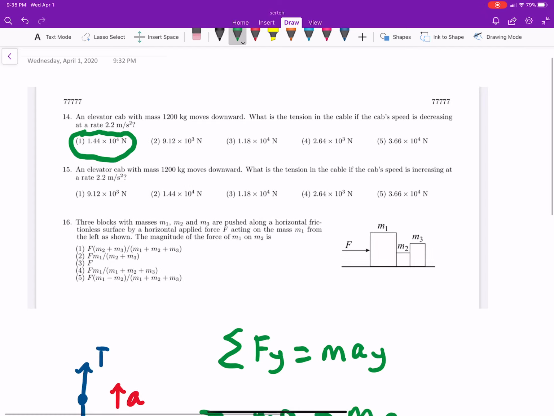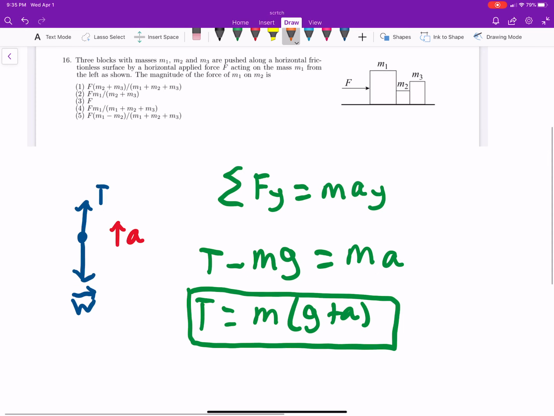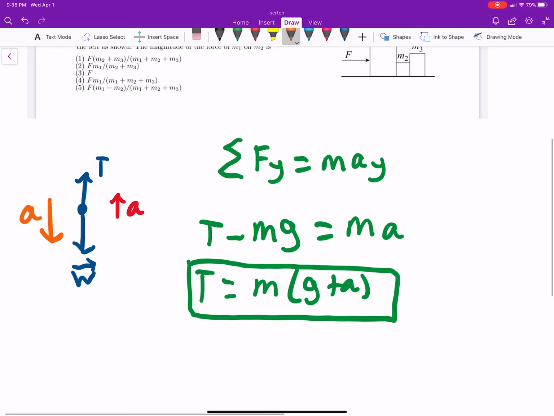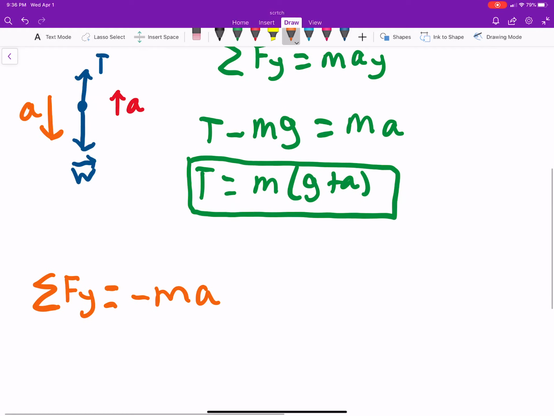Now 15 is the exact same problem. The only difference is now the speed is increasing. So if it's moving down and the speed is increasing, then acceleration is pointing down. The only thing that changes here, I'm going to keep the free body diagram, is the sum of all forces in the y direction is equal to minus m times acceleration.